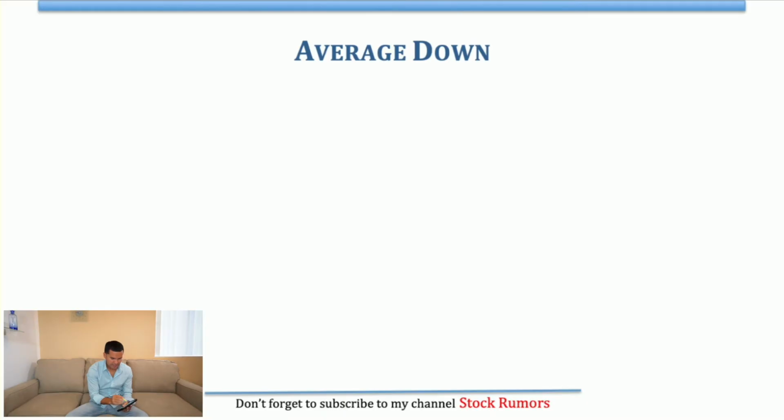To summarize everything, averaging down is a good strategy if you know that the price will rebound, that the price will go back up. But if you bought a really bad stock and you're not so sure, it's better if you exit that trade. You wait for the stock price to continue to go down and then you could buy at a lower price.